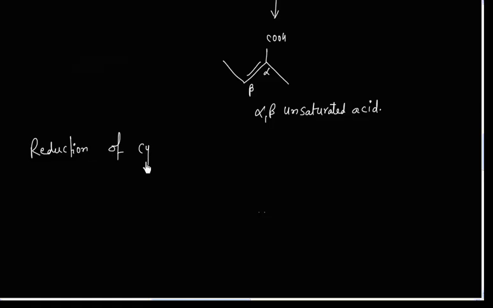Reduction of cyanohydrin gives a beta amino alcohol, and this is generally done with lithium aluminum hydride.